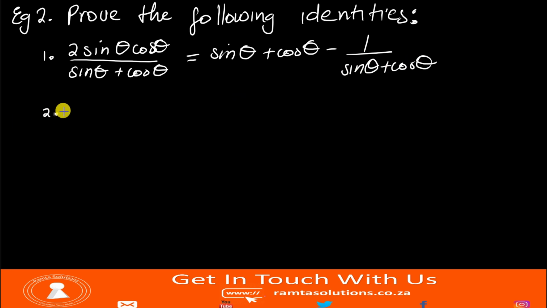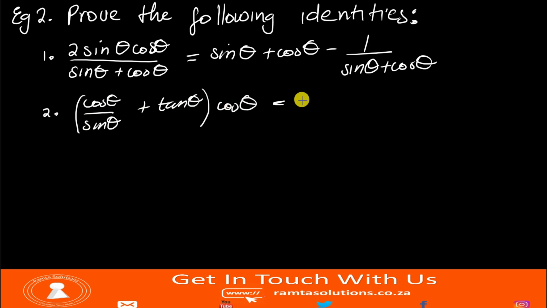Number 2 will be cos theta over sine theta plus tan theta, close all multiplied by cos theta, is equal to 1 over cos theta. Okay? Perfect.